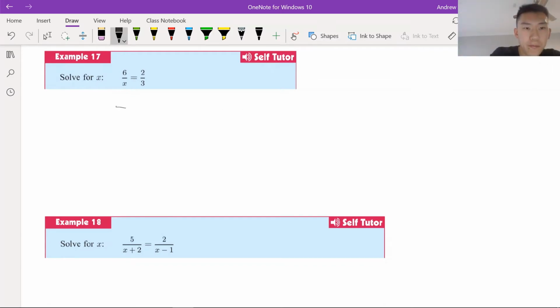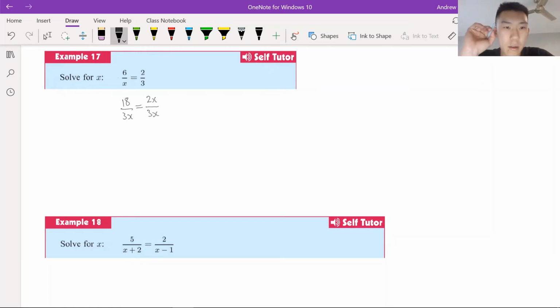We have x and 3, so the lowest common denominator would be 3x. That means we need to multiply everything here by 3, so we'll get 18 over 3x equals, and we want 3x, so we need to multiply the 2 by x.